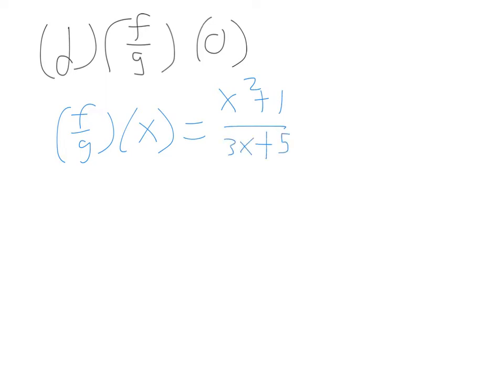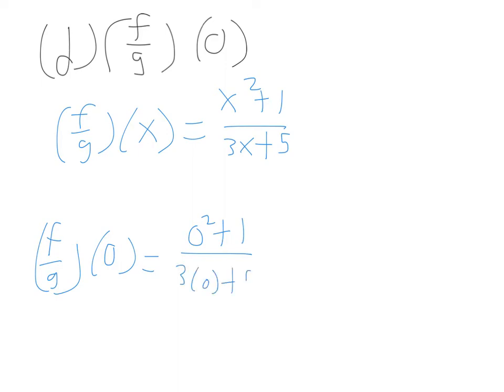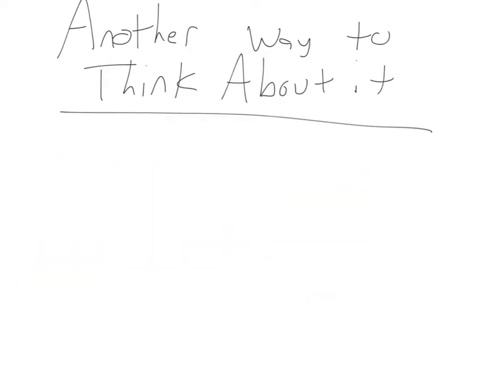Now that cannot be simplified, so we can now do f over g of 0. So that would be 0 squared plus 1, instead of 3 times x, it would be 3 times 0 plus 5. 0 squared is 0, plus 1 is 1, 3 times 0 is 0, plus 5 is 5, so the answer would be 1/5.